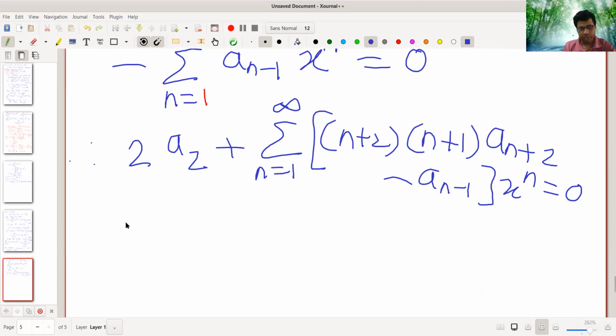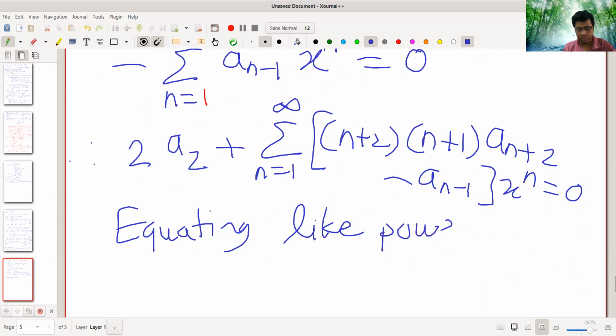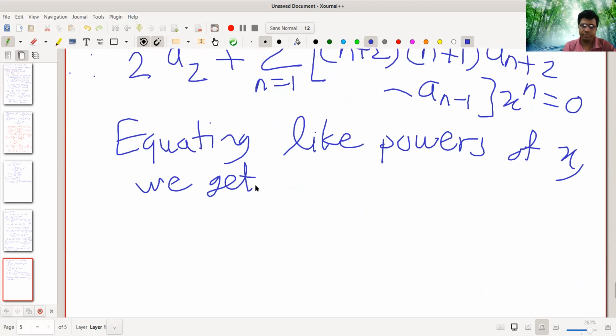And equating like powers of x, we get, so the constant on the left hand side is 2a2, right hand side it is 0. So 2a2 is 0. That means a2 must be 0.